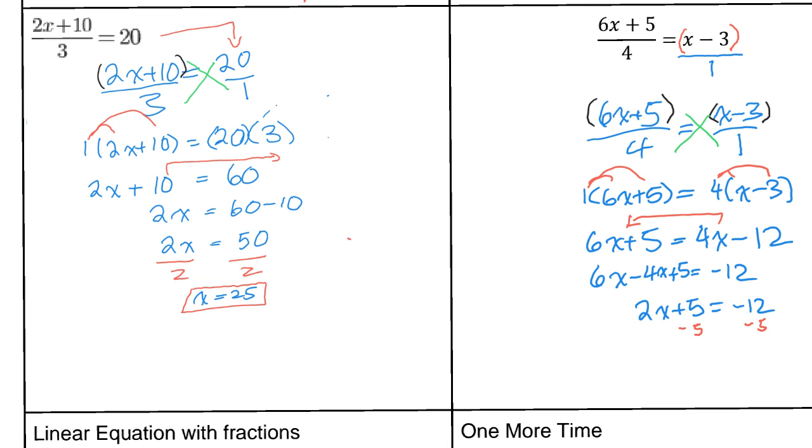So then on your next line, all you have is 2x is equal to negative 12 minus 5, which gives us negative 17. Now to get x by itself, divide both sides by 2, and you're going to end up with negative 8.5 as your final answer.